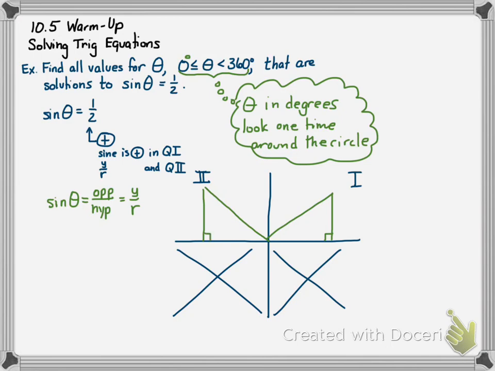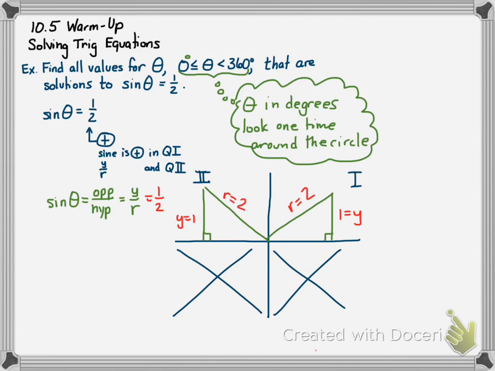Knowing that sine of theta is opposite over hypotenuse, or y over r, when the problem says sine of theta equals 1/2, that means my y value on my triangle can be 1, and my hypotenuse, or r, will be 2. The same is true on the triangle in quadrant 2. The y value is 1, the r value is 2.